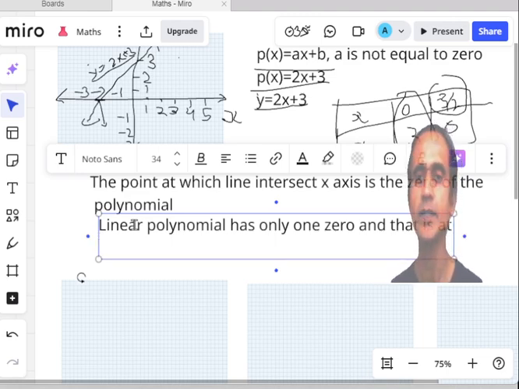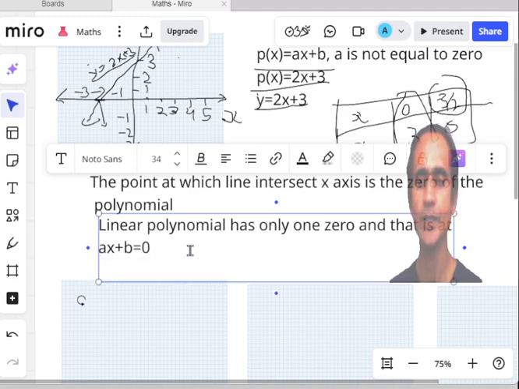So in this linear polynomial, we put ax plus b equal to 0. So we get x equal to minus b by a.